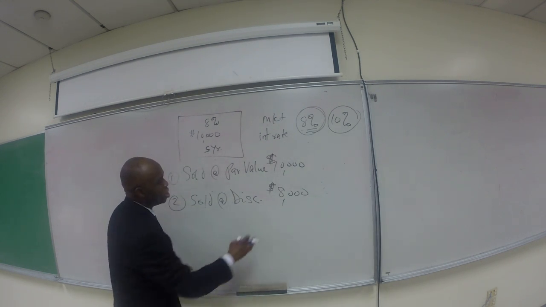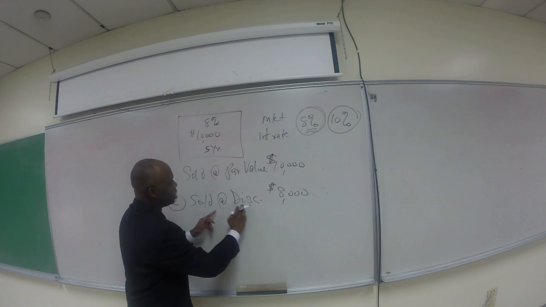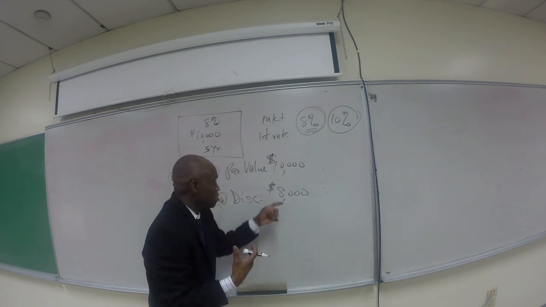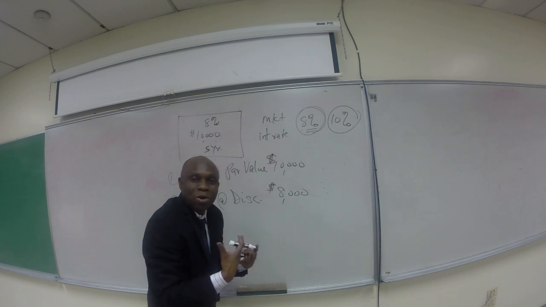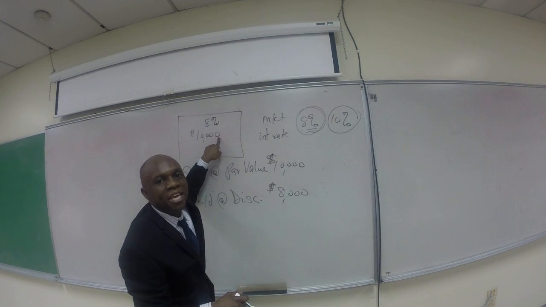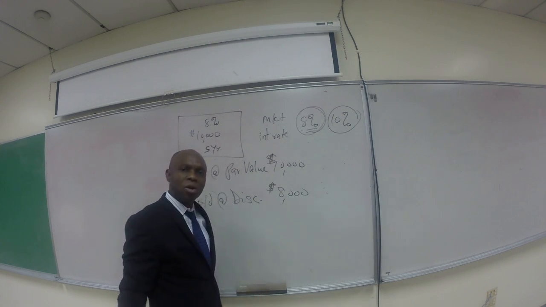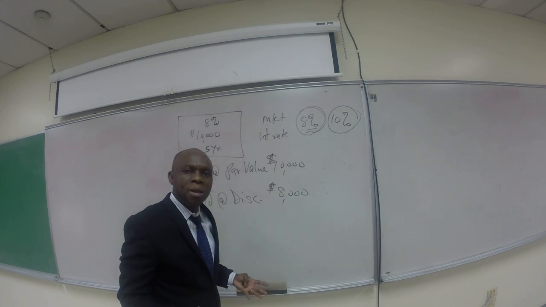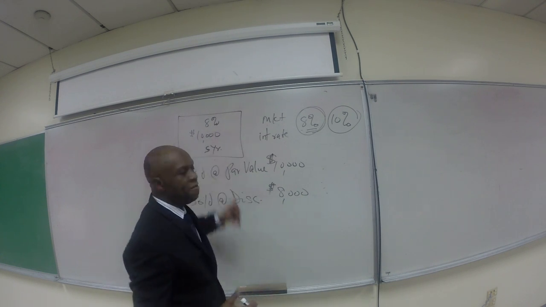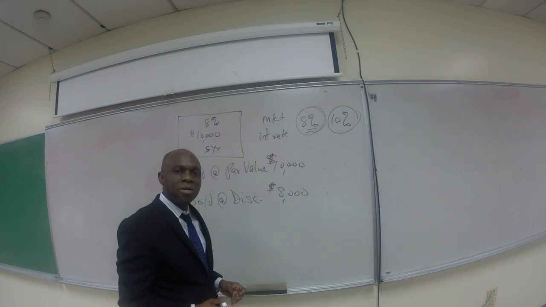So guess what happened? When the company sold the bond at a discount, the company is going to receive $8,000. But at the end of 5 years, the company is going to be paying the investor 10,000. Wait a second. Why would the company be willing to receive only 8,000 and pay the investor 10,000 in 5 years?